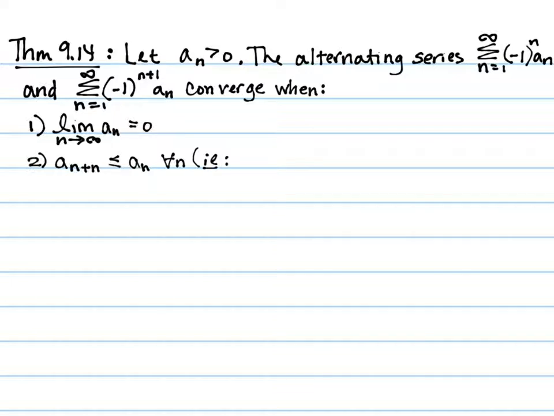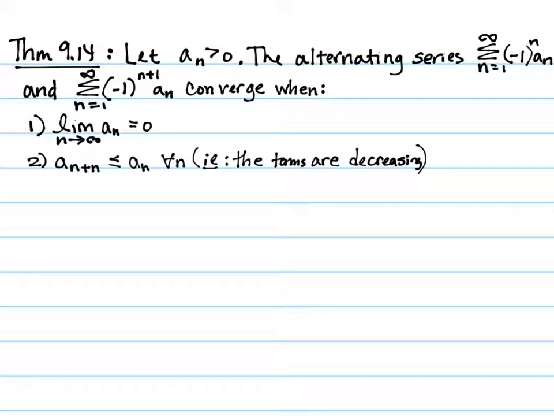Basically, that's just telling you that the terms are decreasing. So if the limit is 0 and the terms are decreasing for the a sub n portion of it, the negative 1 to the n at the beginning makes it sufficient that it's going to converge automatically.